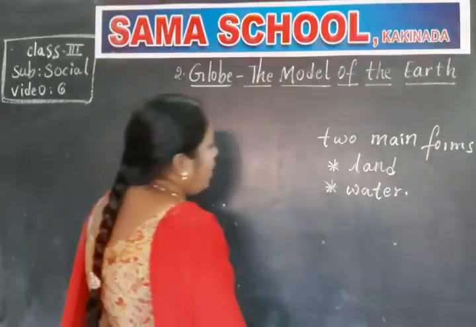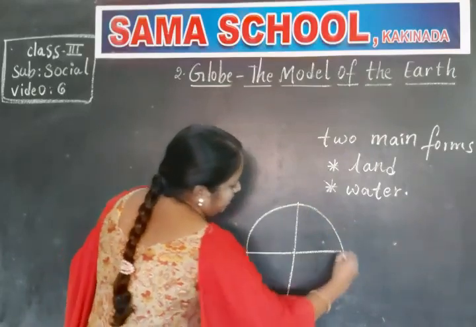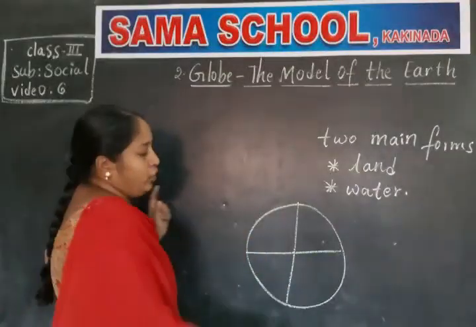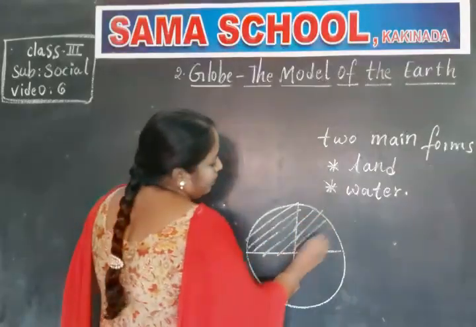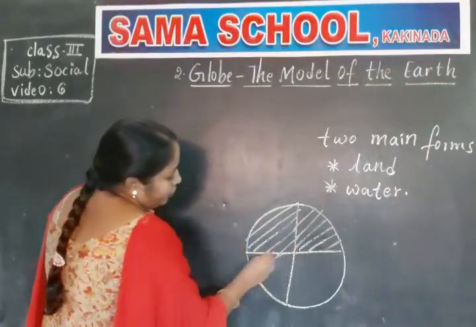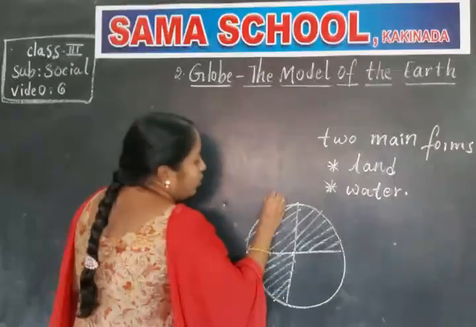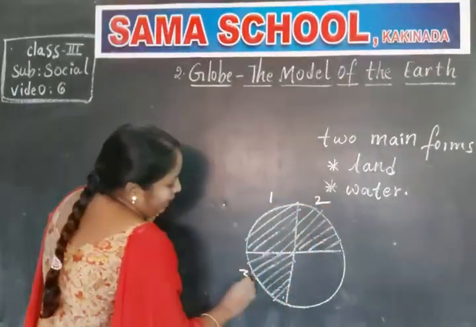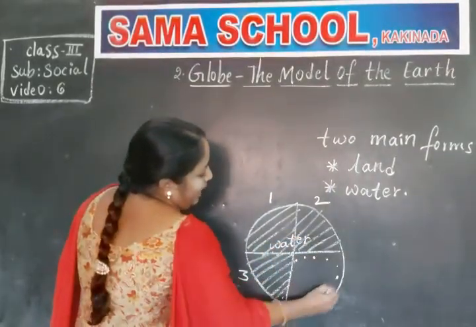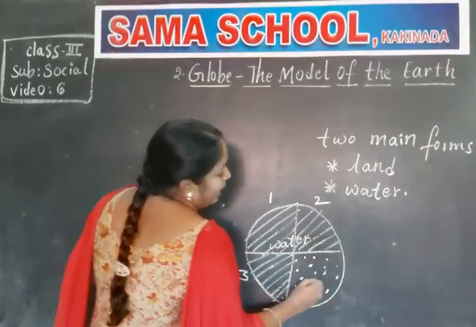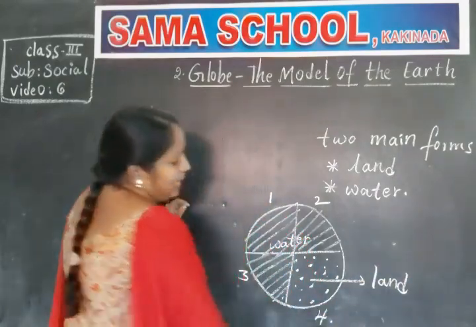Clear, children? Okay. So when you divide the earth into four halves like this, three parts of the earth are covered with water. 1, 2 and 3 parts are water, and only one part is land.